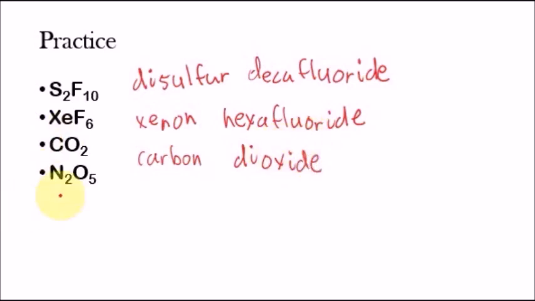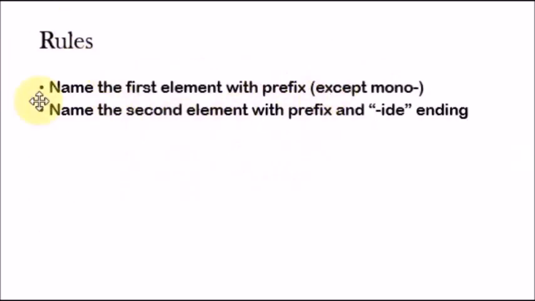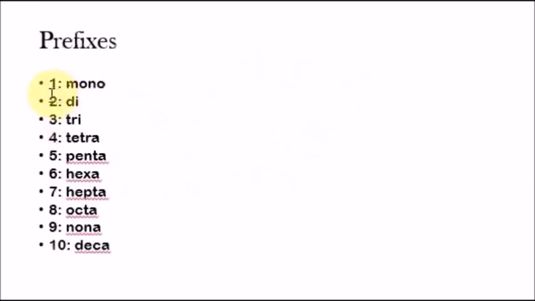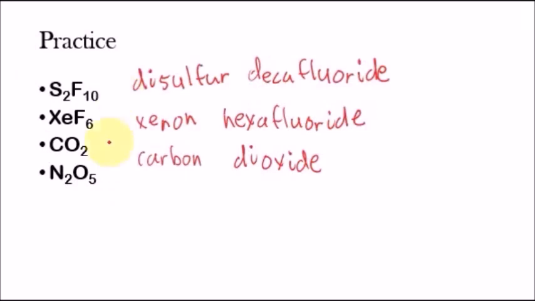Final example. We have nitrogen over here for our first element. Let's name the first element with the prefix. So the prefix for 2 is di. So we're going to write dinitrogen. All right. And then the second element is oxygen.